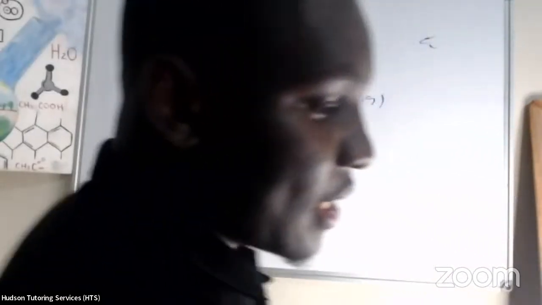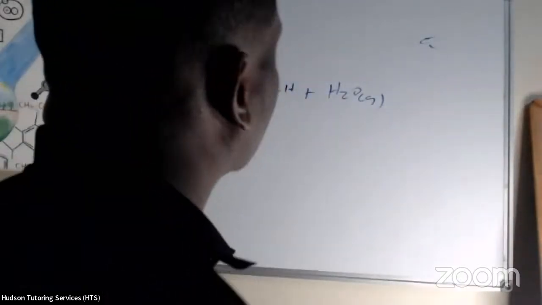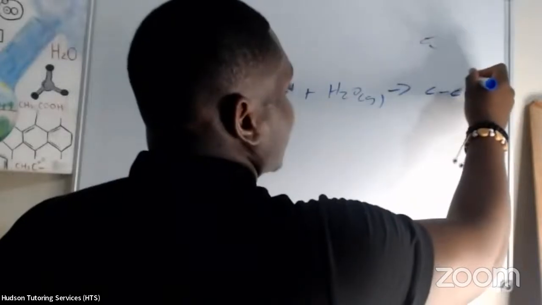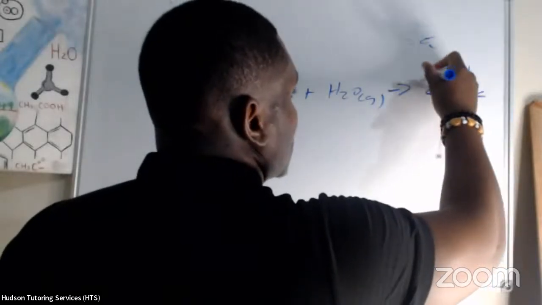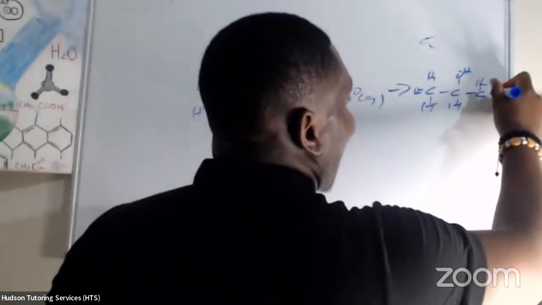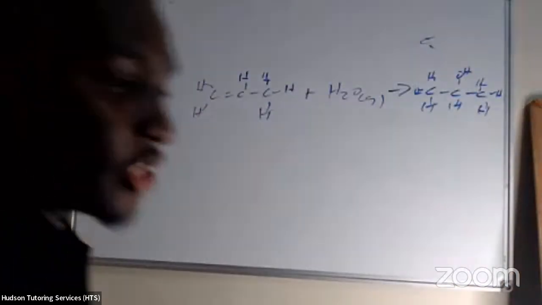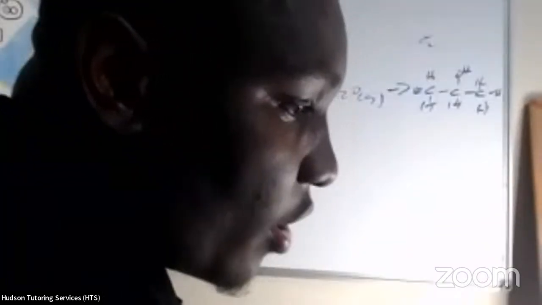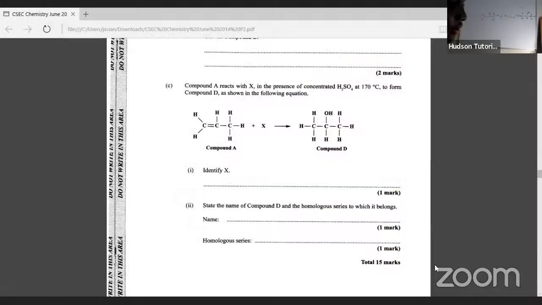That is what is taking place there, right? So it forms alcohol, and the process is known as hydration of alkenes. So what you realize, you're learning as we go along. That's good.